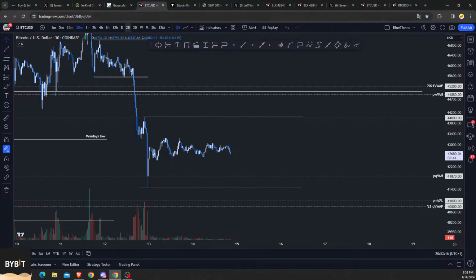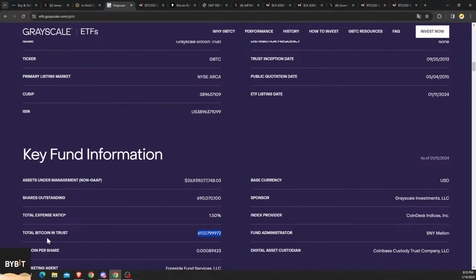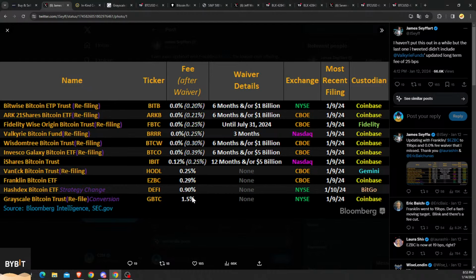GBTC holds a total of 617,000 Bitcoins, which totals roughly 28 to 30 billion. I'm really bad at math, but it's a huge amount of Bitcoins. Unless everyone is holding onto their positions, which I highly doubt due to the big fee that I think is reasonable, we're still getting that selling pressure into the market.